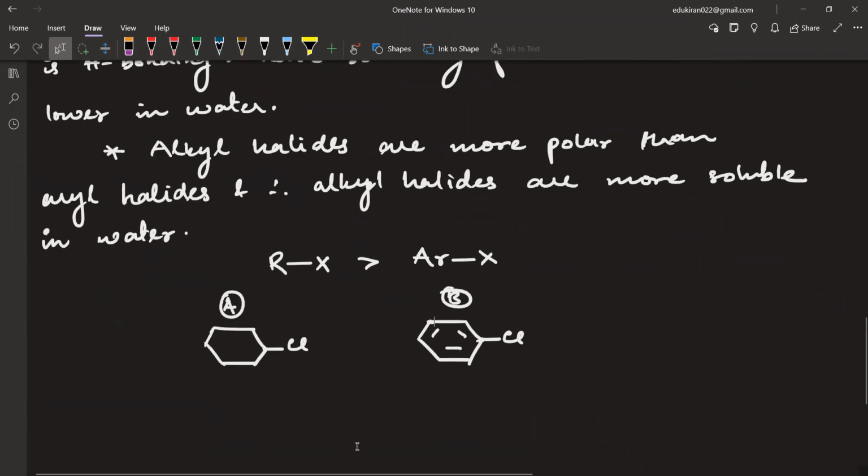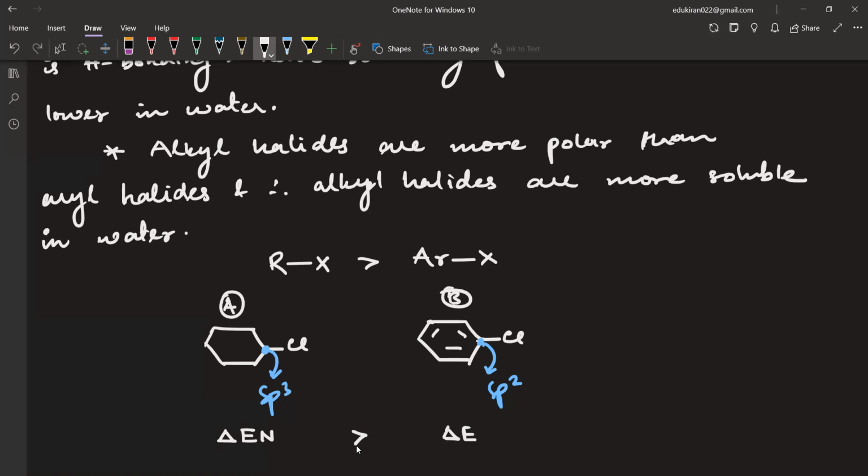Now, why is it more polar? Look at the reason. The carbon here is sp3 and the carbon here is sp2. But both of them are having halogen. And that is why the difference in electronegativity is higher here than the difference in electronegativity of the carbon and chlorine bond in aryl halide.